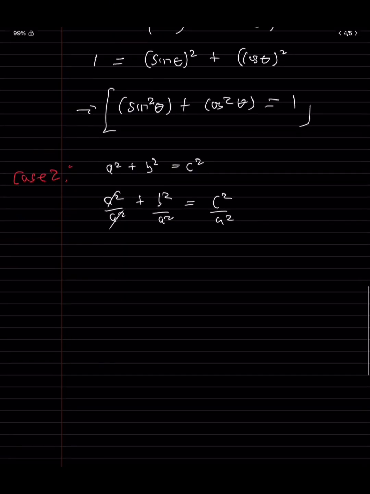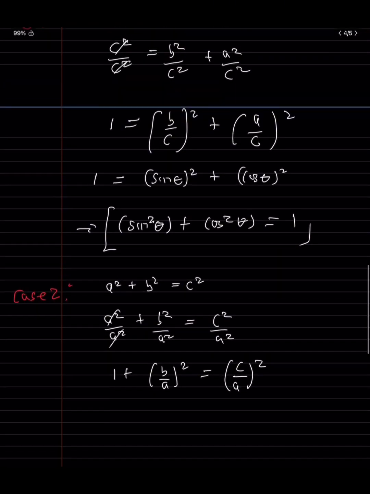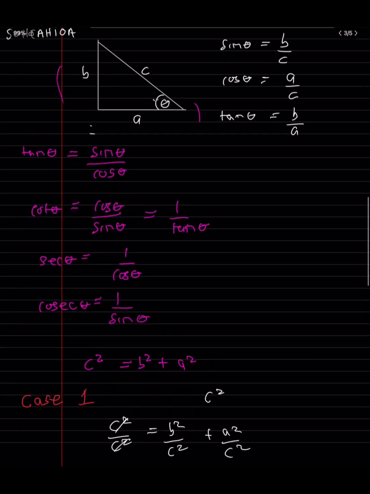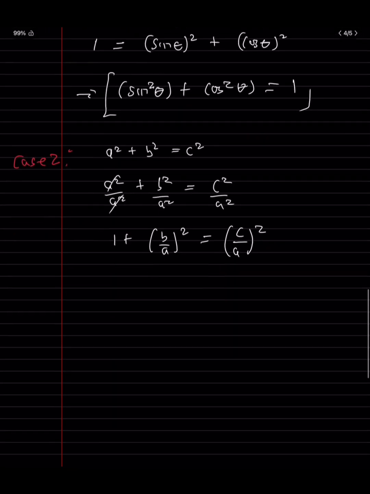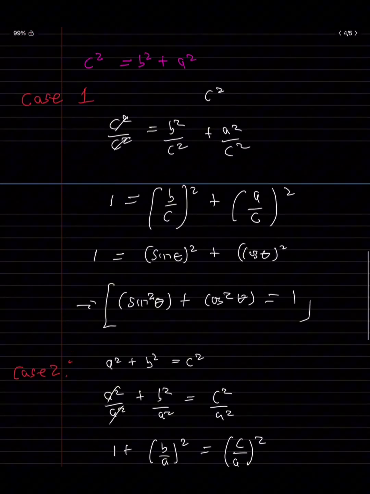By simplifying, we get 1 plus (b over a) all squared is equal to (c over a) all squared. Looking at the trigonometric ratios, b over a is tan theta. Therefore, 1 plus (tan theta) all squared is equal to (c over a) all squared.